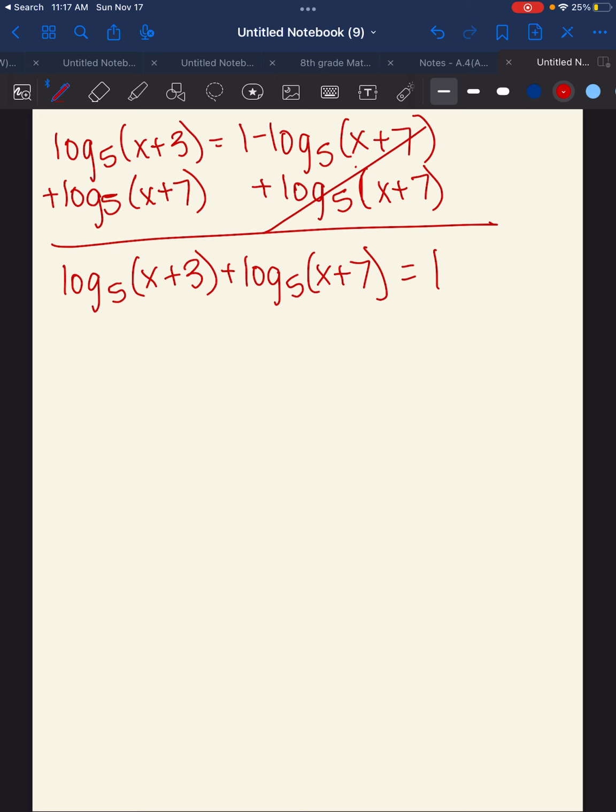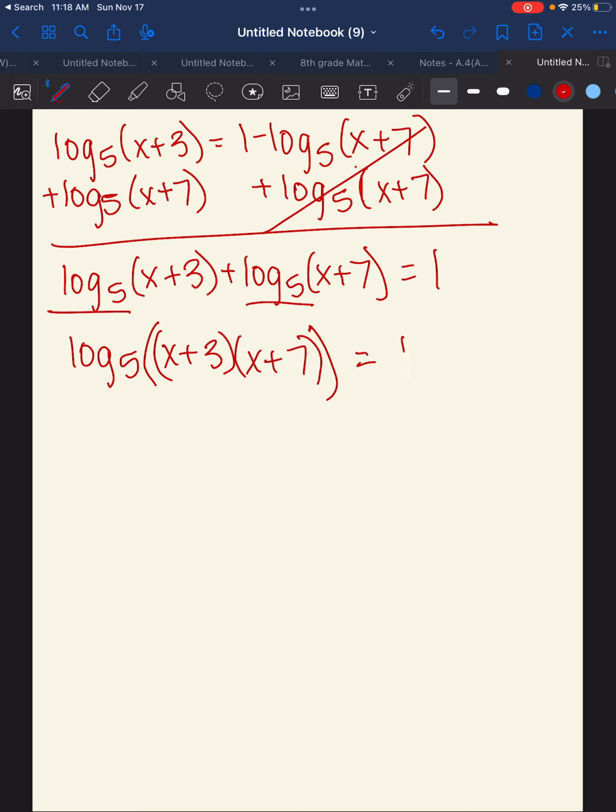Now I can combine what you like to call like terms. I notice there's a log base 5 on both, so I'm going to call this log base 5 of x plus 3 times x plus 7, because they're both added logs. I'm just going to go over to the side and multiply what's inside the parentheses.